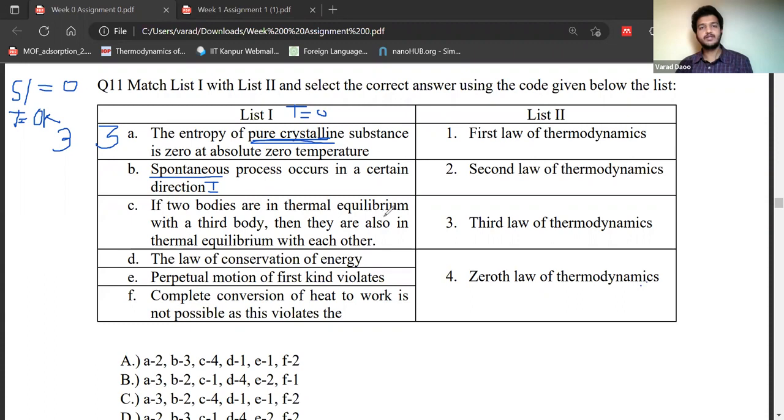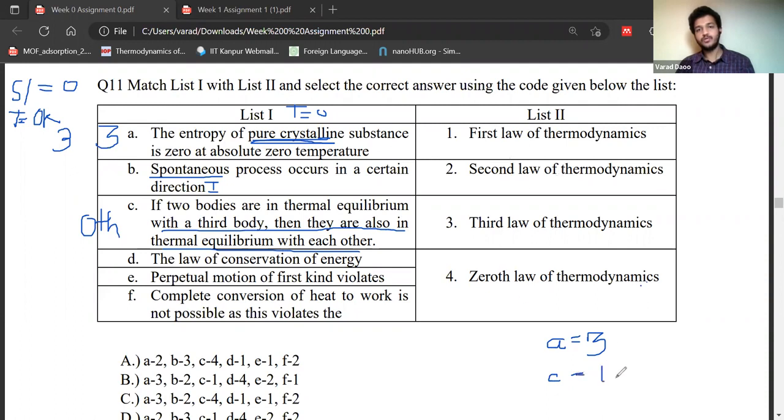If two bodies are in thermal equilibrium with a third body, then they are also in thermal equilibrium with each other. Obviously, this is the zeroth law, right? That means C is equal to 4.